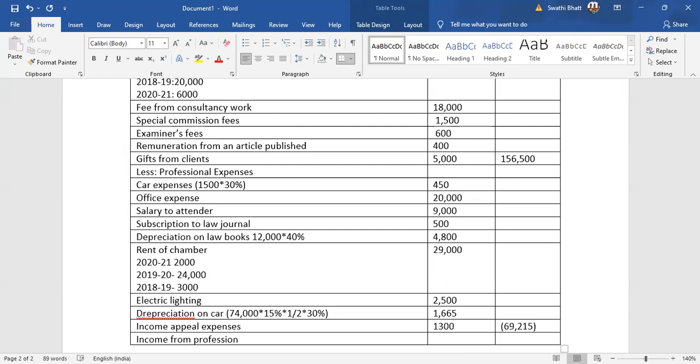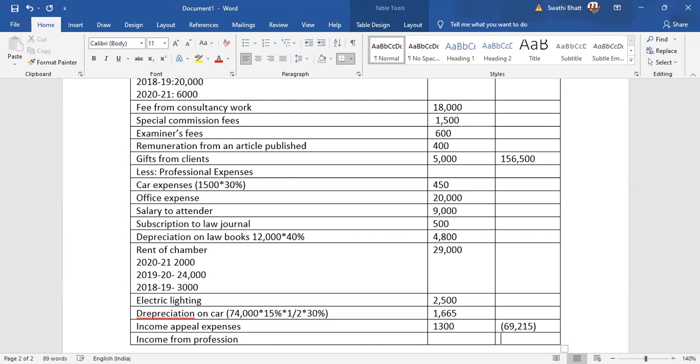When it comes to capital expenditure, say for example you've purchased books, office equipment, surgical equipment in case of a doctor, a building, furniture, machinery, a computer, or a car, you don't write the purchase price of these assets, but you calculate depreciation, and depreciation is an expense related to these assets. In a similar fashion, we'll calculate it for doctors and for chartered accountants.